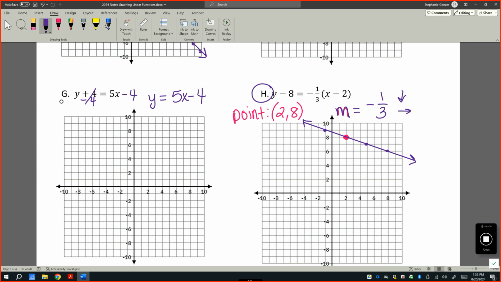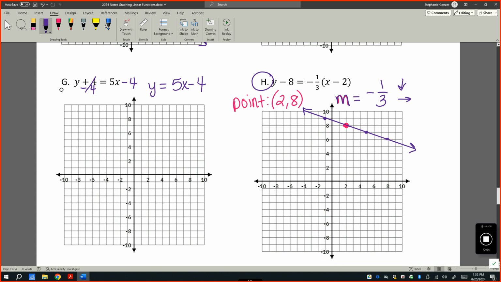You just have to graph the line correctly, right? So however we look at it, 0, -4, whether you see that as slope-intercept or point-slope, that's where we start. And then we go up 5, right 1. Yep, ran out of room, so down 5, left 1. All right?